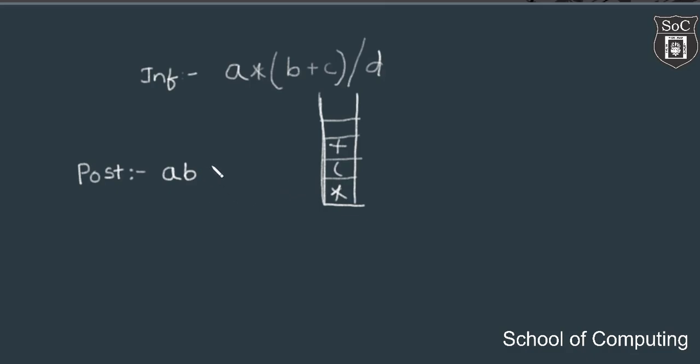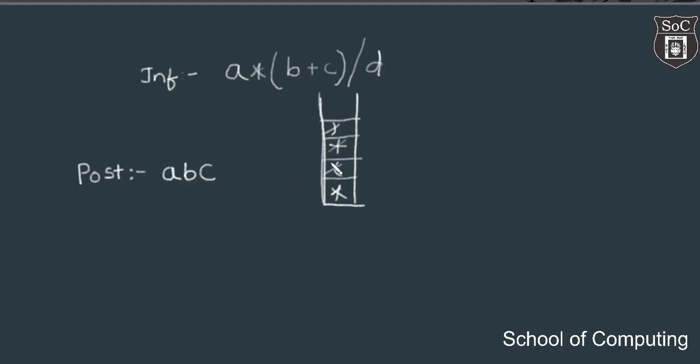After plus, I find C. I'll write it. After C, I find a closing parenthesis. Whenever you find a closing parenthesis, you don't push it to the stack. The rule is that you pop everything from the stack until you find the opening parenthesis. So whatever operators are in between the closing and opening parenthesis will be popped one by one and appended to the expression.